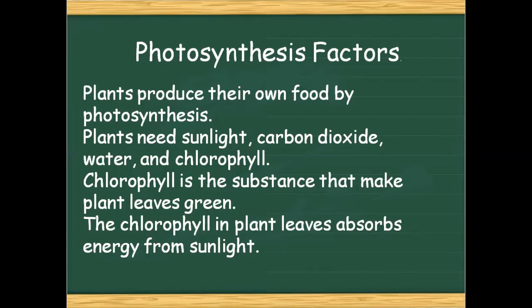So chlorophyll is the substance that makes plant leaves green. The chlorophyll in plant leaves absorbs energy from sunlight. So the chlorophyll in the plant leaves is very important. Otherwise, the leaves wouldn't be able to absorb energy from sunlight.